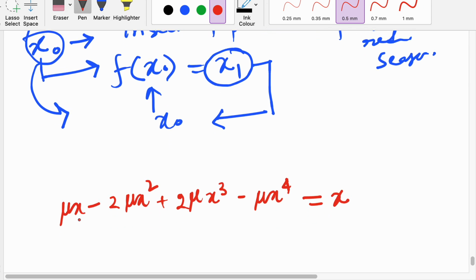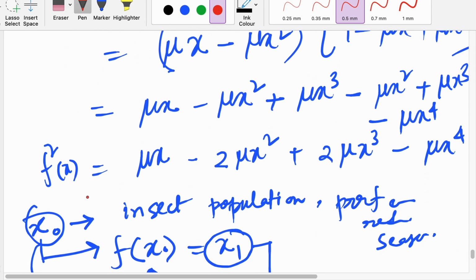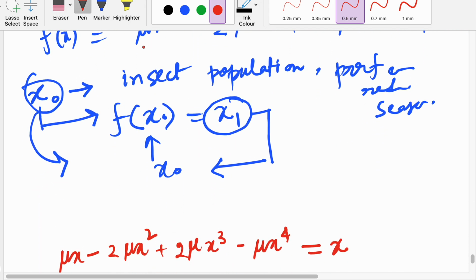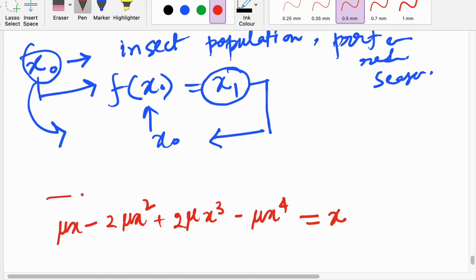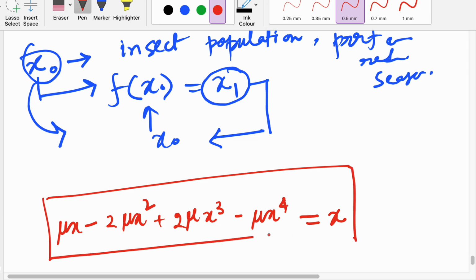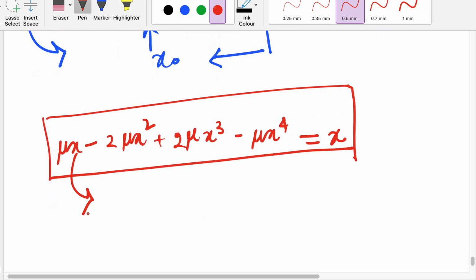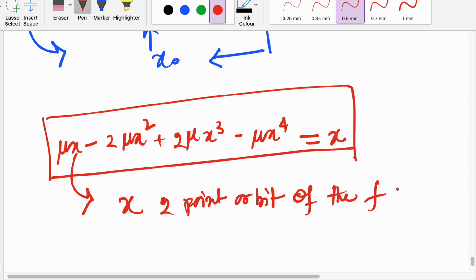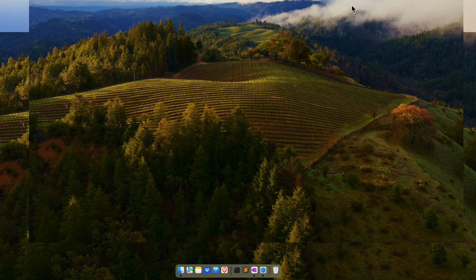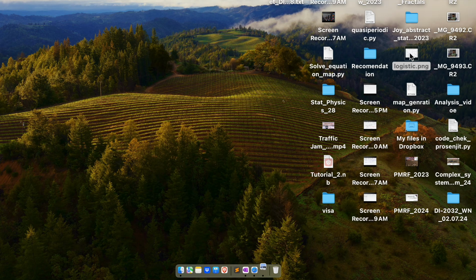I have to find an x which satisfies this equation, because f square x is this, and it should equal x. If I determine such an x which satisfies this equation, that x will be the 2-point orbit of the function.